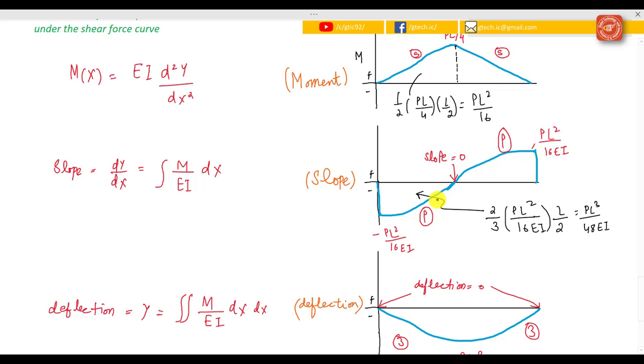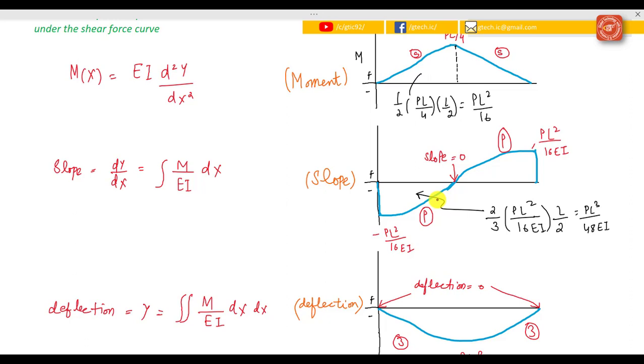So we start off with minus PL squared over 16 EI, and we go to a slope of 0. Then we have a positive slope beyond that, going down to the slope of our slope diagram at 0 at the end, with again the change in slope being the area under the moment curve, which is PL squared over 16 EI.